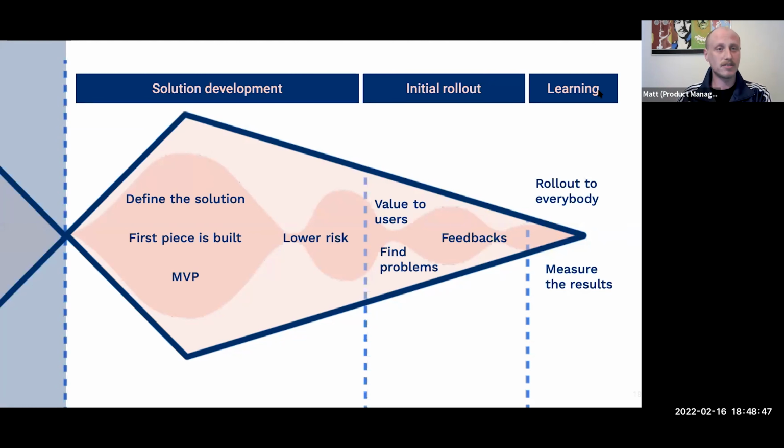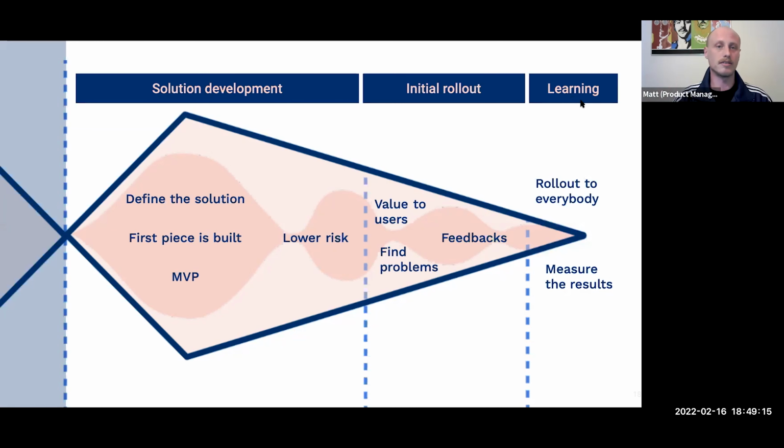Closer to the end of this initial rollout, we believe that we are on the right spot with the solution, and then we move to roll out to everybody, so general availability of the feature. In this stage, we focus mainly on learning. If we had good success metrics and a good understanding of our problem, at this stage we can understand if the solution we propose solves the problem at the scale that we expected.